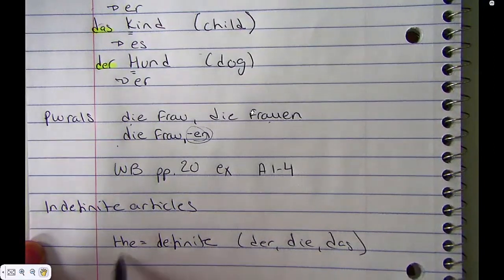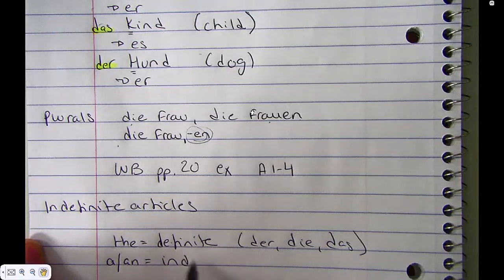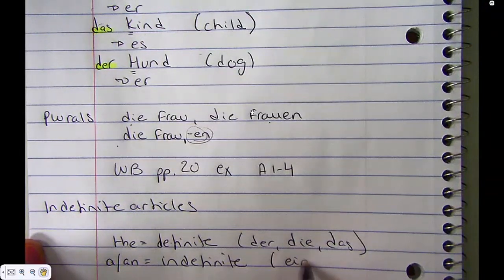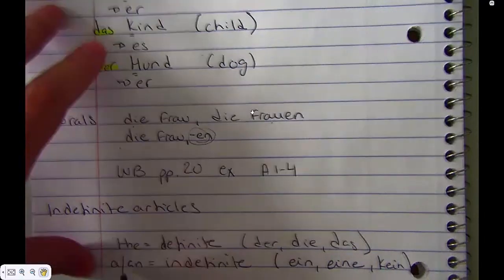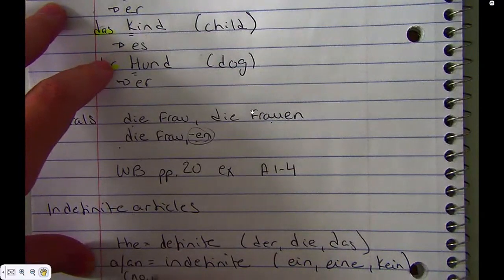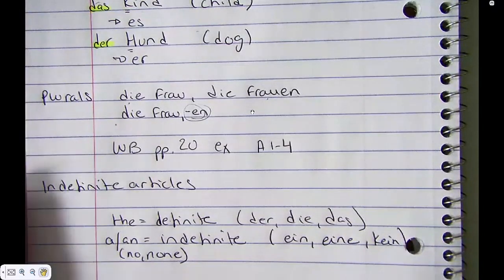Your indefinite one in English is "a" or "an." And that in German becomes eine. And I'm going to add another one, and that's kein. I'm going to put "no" or "none" at the bottom, and I'll explain that in a sec.